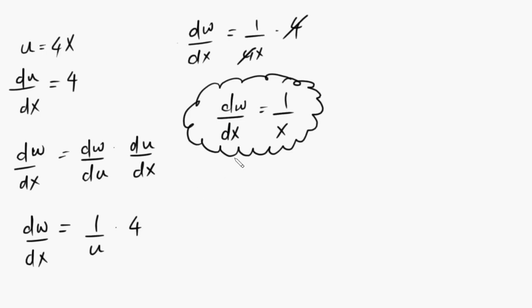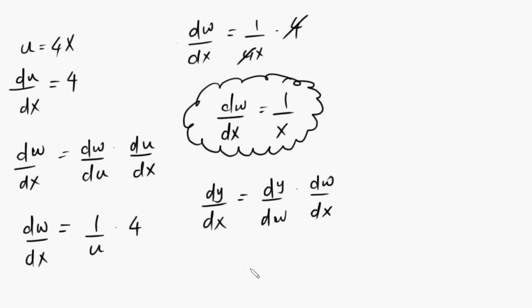Now, after having my dw dx, I want to find my dy dx. Okay, so dy dx is equal to dy dw times dw dx.